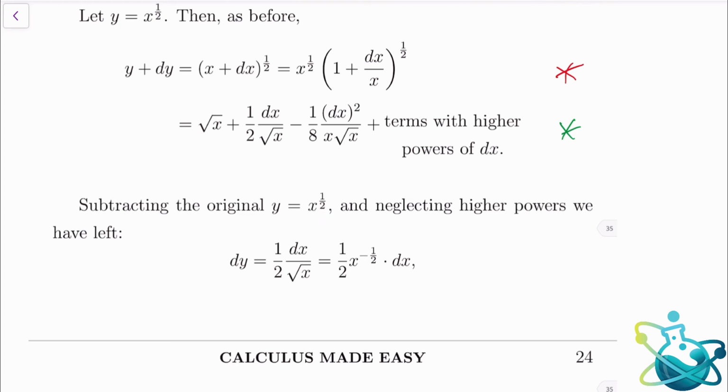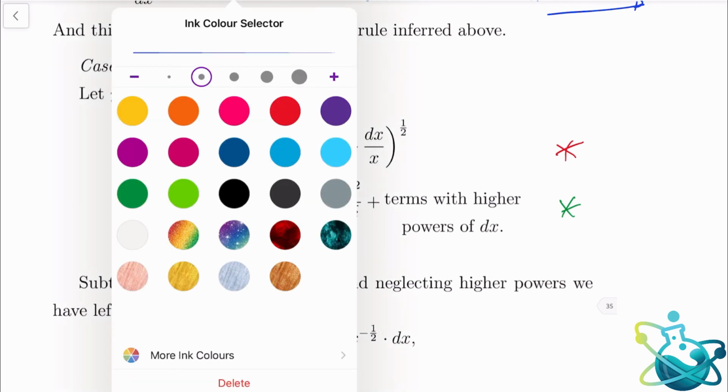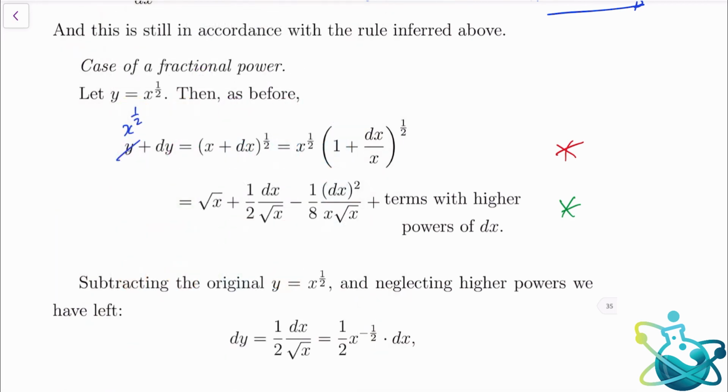You can make that one y equals x to the power half, and that one now cancels with this one here. Okay, and you're left with, and you can eliminate all the higher powers of smallness. Now, the second order of smallness here, which you can strike out, etc.